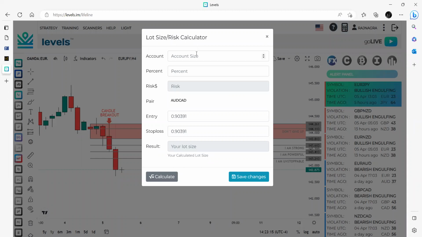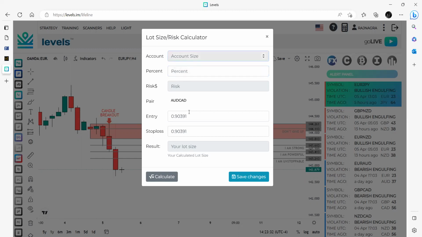Now, as a trader, your job is to maximize your profits, but at the same time, you want to minimize the amount of capital that you lose if you were to lose a trade. So you want to grow your account 3 to 5% a day, essentially.